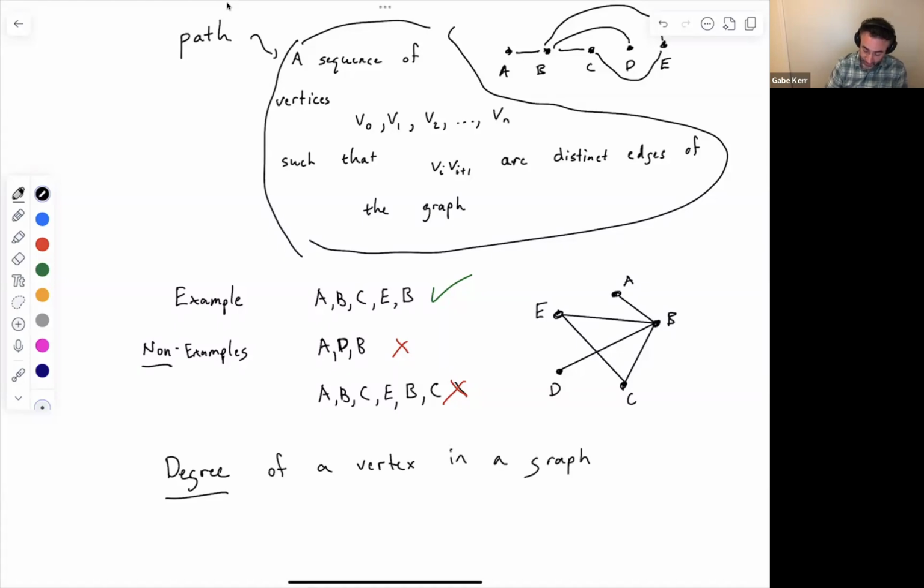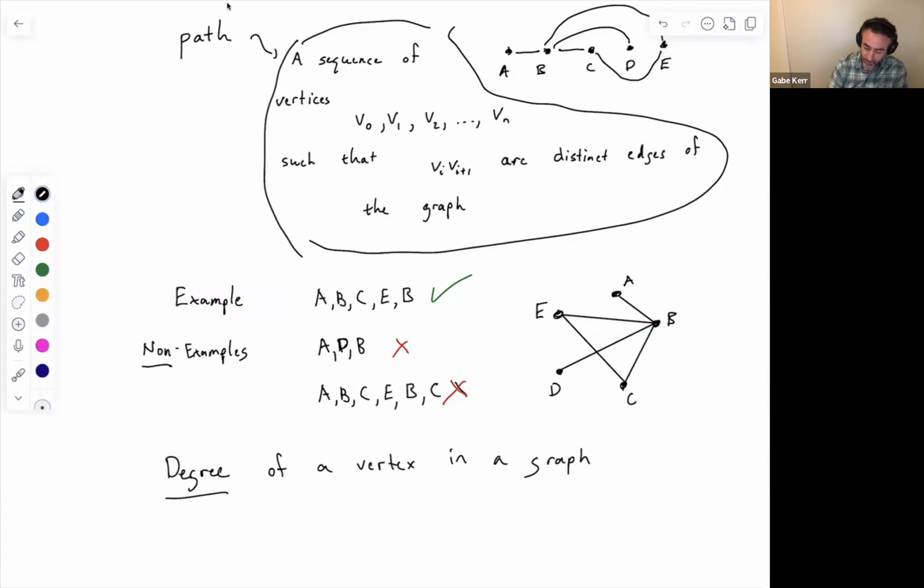And how do you calculate that? Well, the degree of a vertex, if I just chose vertex B, for example, is I just count the number of edges that have B as one of its vertices. So I've got 1, 2, 3, and 4. So the degree of this is 4.